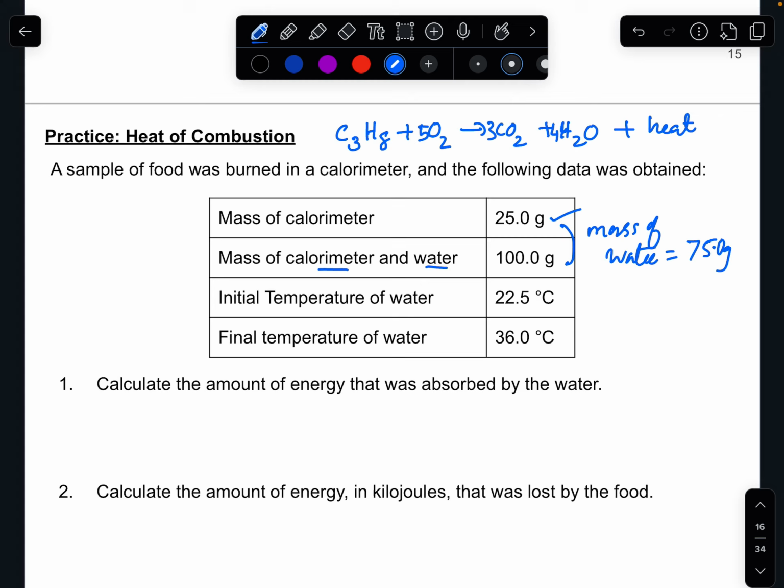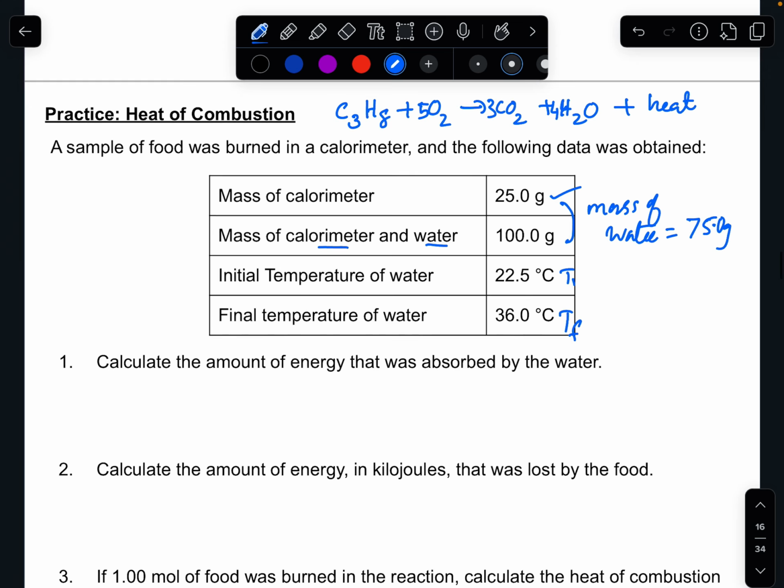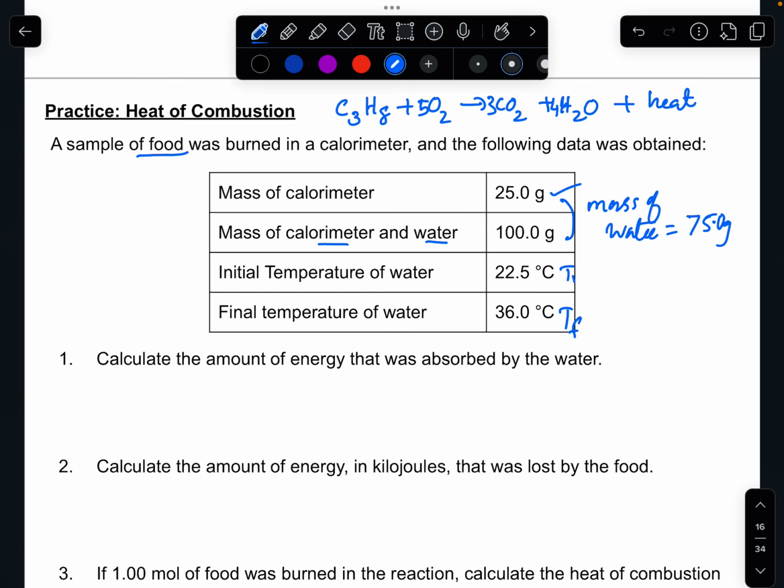Okay, then initial temperature of the water is Ti, that is this, and the final temperature is, there is no metal here. Okay, so final temperature of the water is 36 degrees Celsius. So the question is asking you to burn the food in a calorimeter and that heat released is used for raising the temperature of water from this to this.